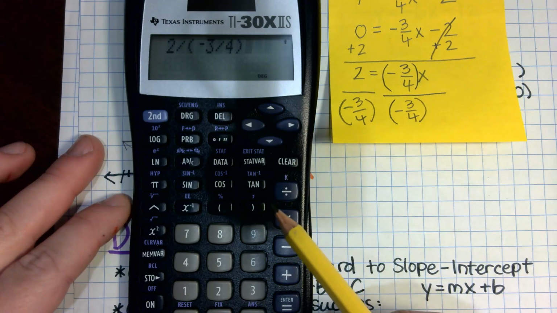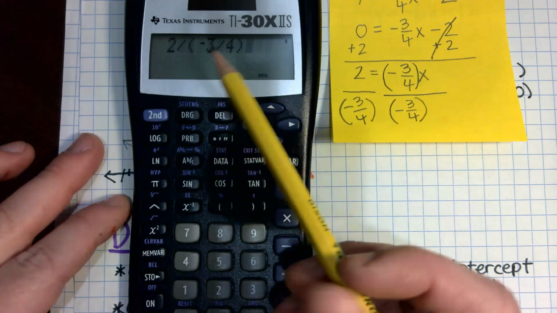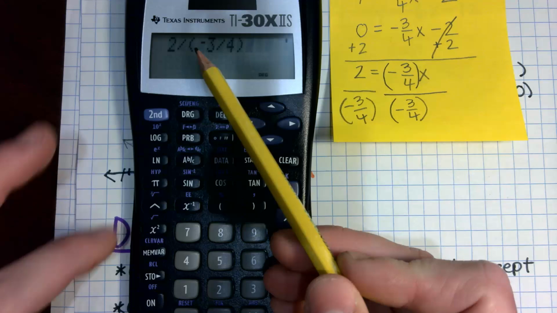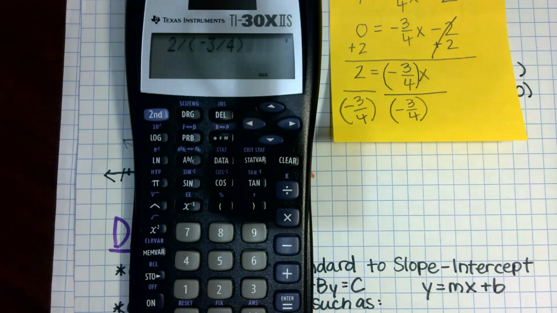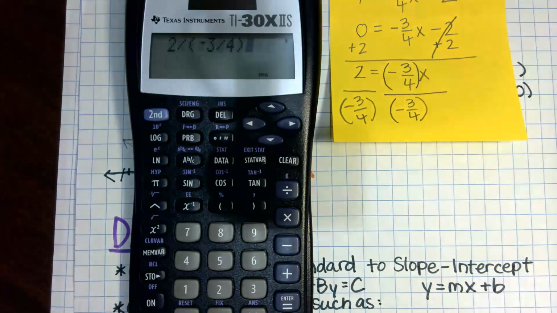Divided by is at the right hand side, right under the clear button. Yeah, right there. So is that, won't that divide this by 4, or is that just giving you the number? So what it's doing is I'm taking 2 divided by negative 3/4. So it takes that negative 3/4 as the whole number that we are dividing 2 into.